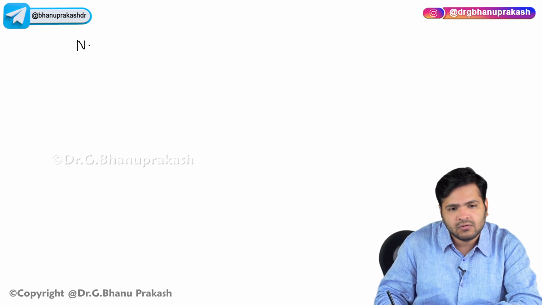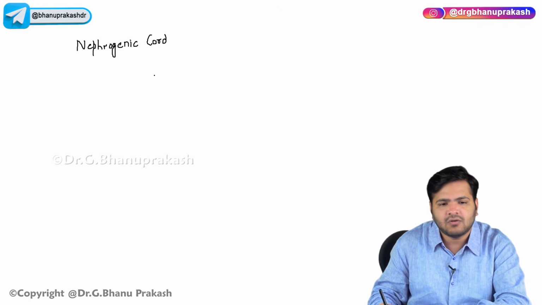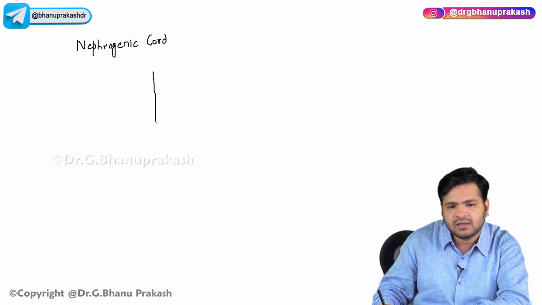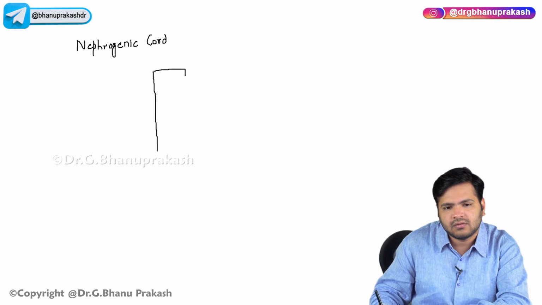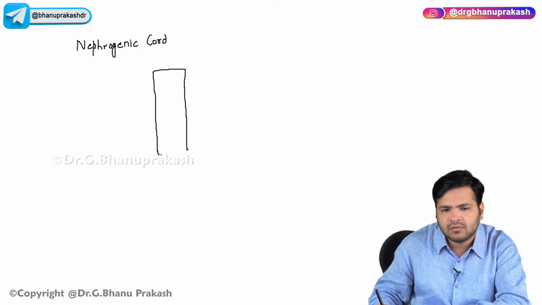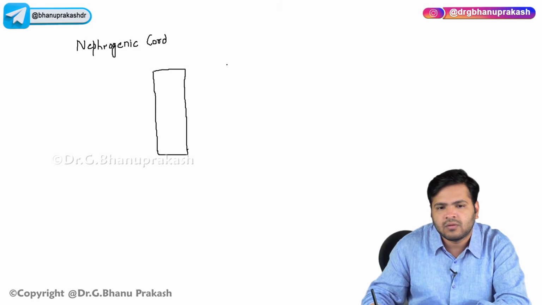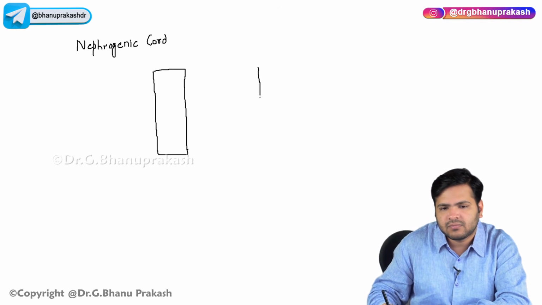Now, the nephrogenic cord has three parts, in pairs. So try to draw as it is, like I am drawing.